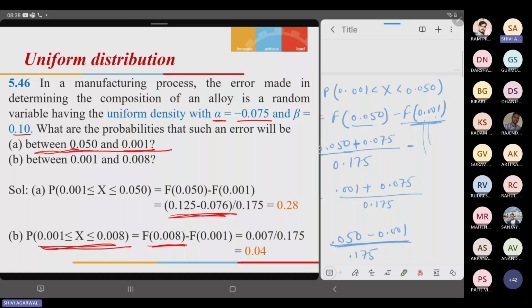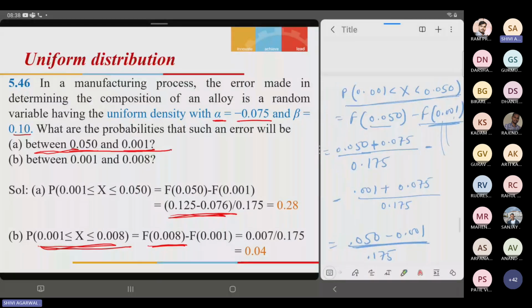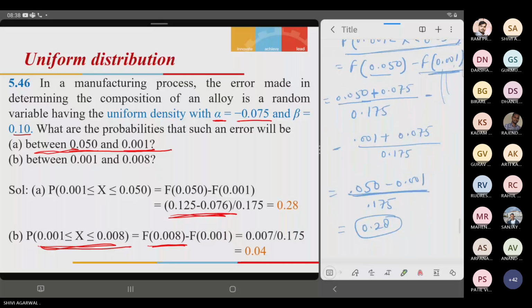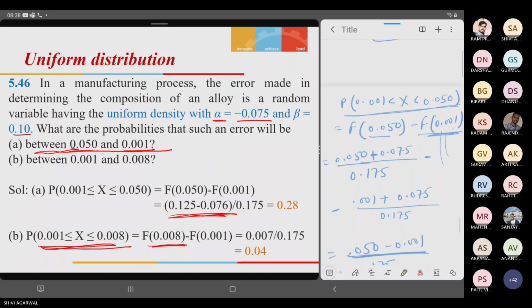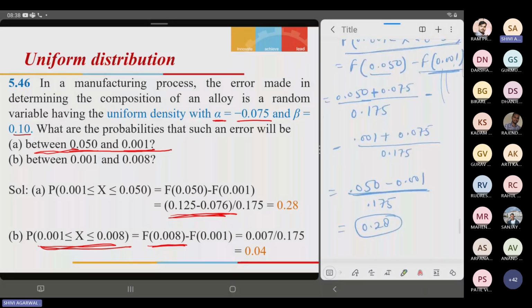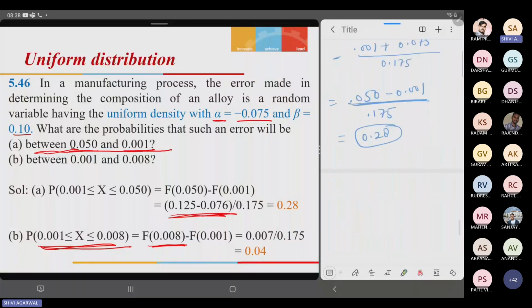Explain 0.175. It is beta minus alpha. Where is 0.125? Mr. Rudresh, what is 0.125? I am not getting where it is 0.125. It is 0.175, and what is 0.175?